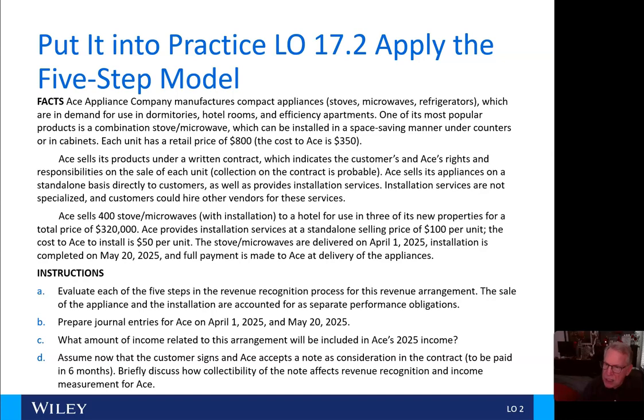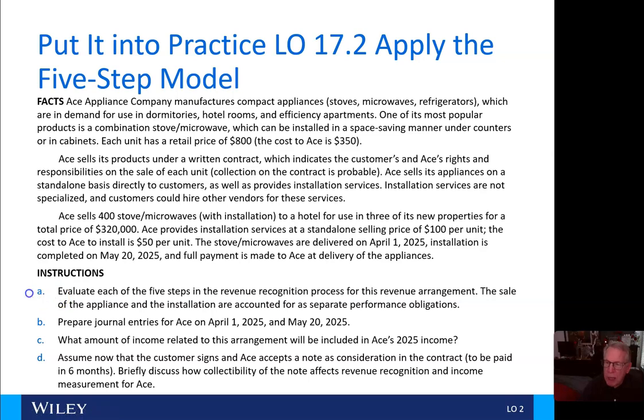The cost to Ace to install is $50 per unit. The stove microwaves are delivered on April 1, 2025, and the installation is completed on May 20th, 2025, and full payment is made to Ace at the delivery of those appliances.